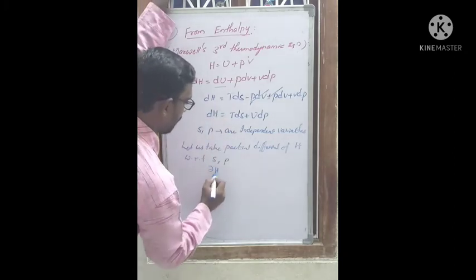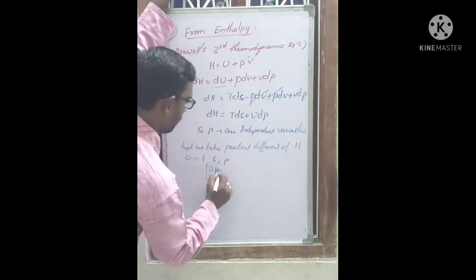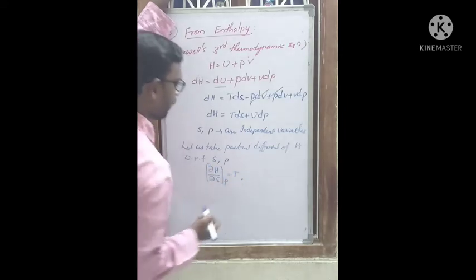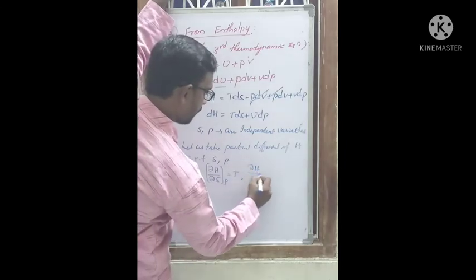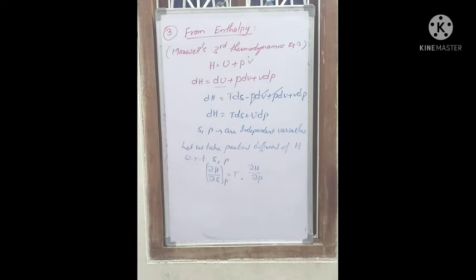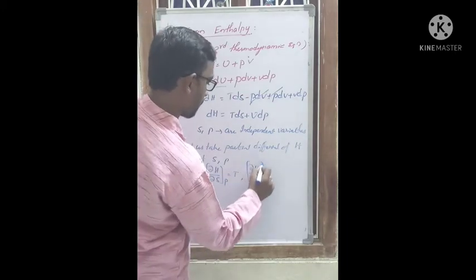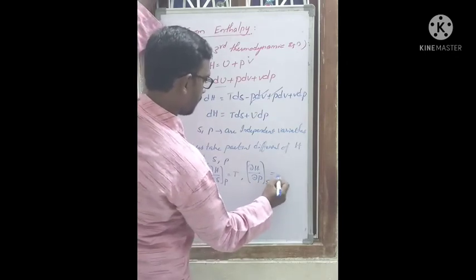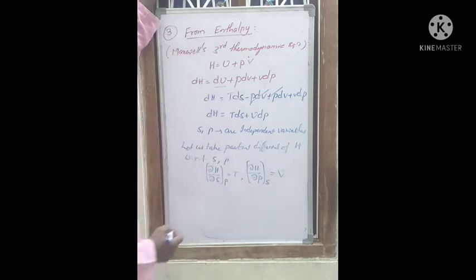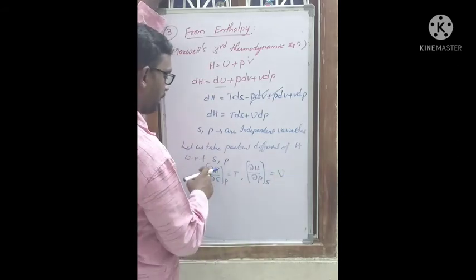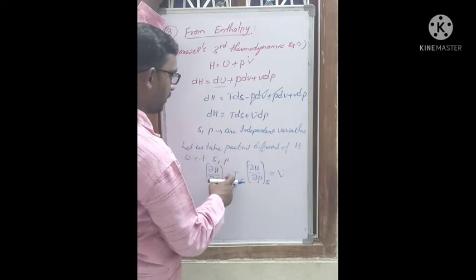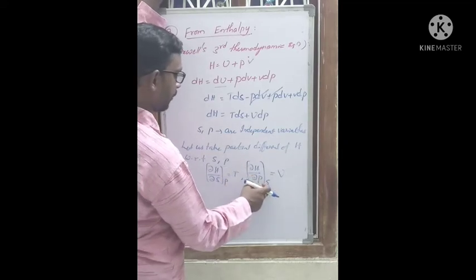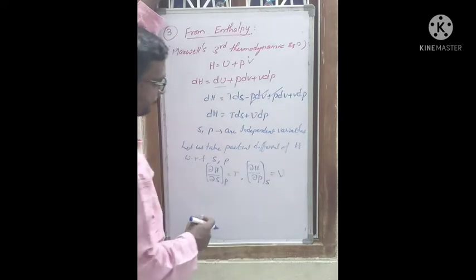We get ∂H/∂S at constant pressure equal to T, and ∂H/∂P at constant entropy equal to V. So ∂H/∂S at constant pressure gives the temperature, and ∂H/∂P at constant entropy gives the volume V.